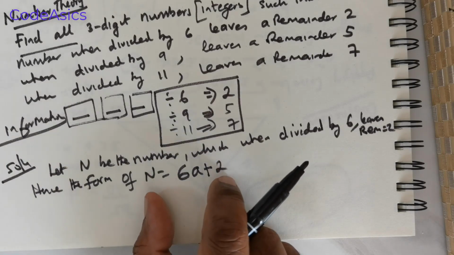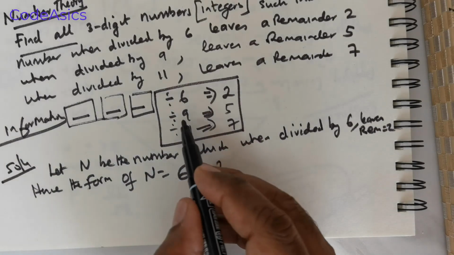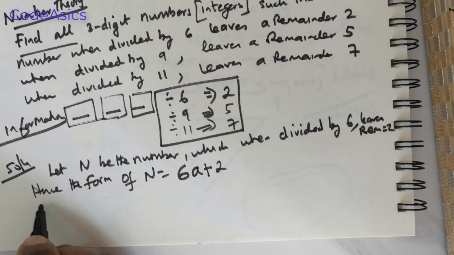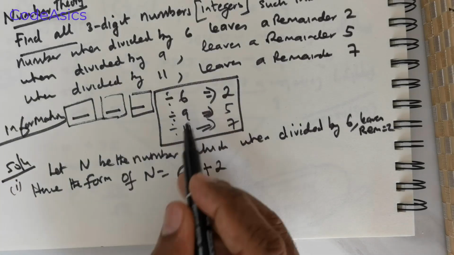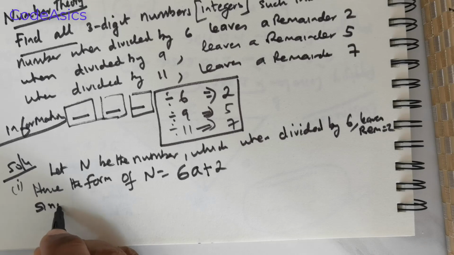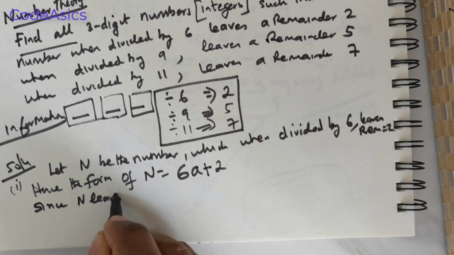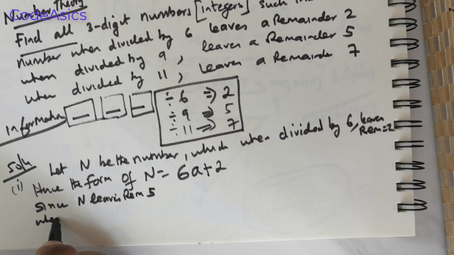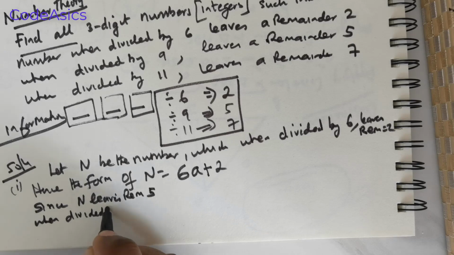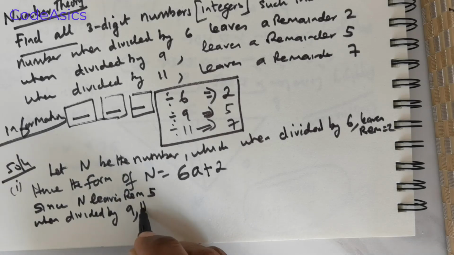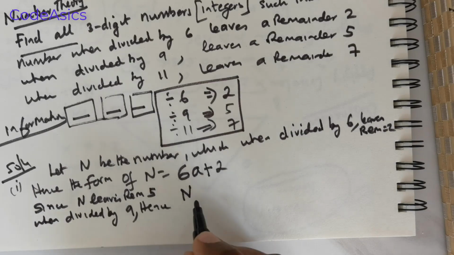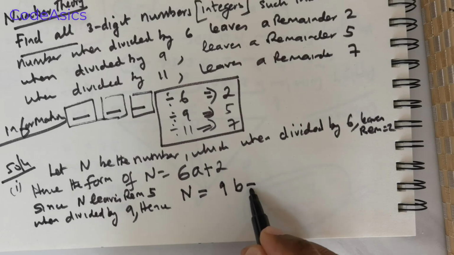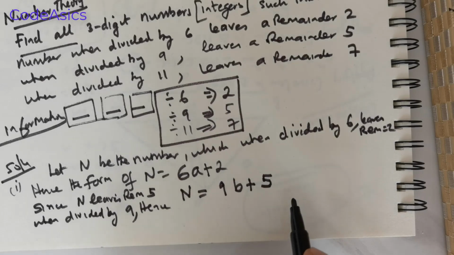So by this representation, I can move on to 9, I can move on to 11. Let me move on to the second information. Since n leaves remainder 5 when divided by 9, hence the form of n would be 9 times some b plus 5.